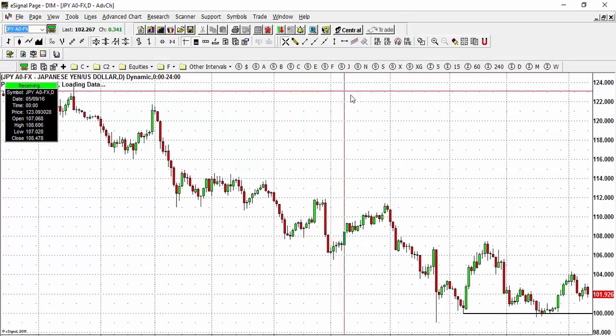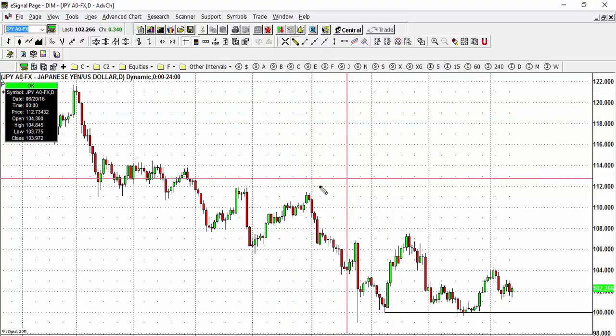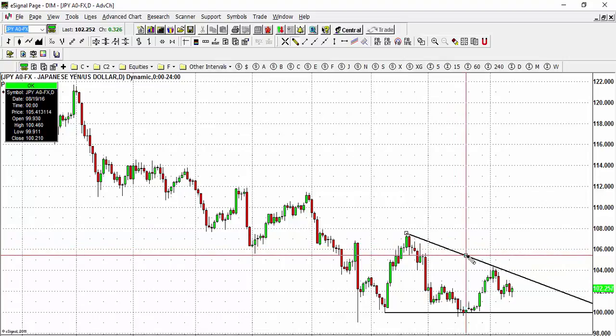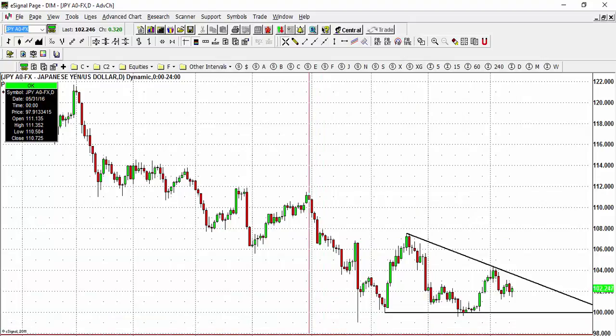Also, let's take a look at a triangle in the Japanese yen versus the US dollar. And what we can see here is a triangle in a downtrend. Now, with a triangle in a downtrend, the rule is the market entered the triangle in a downtrend. And what normally happens is that the market will break to the downside and continue the trend.